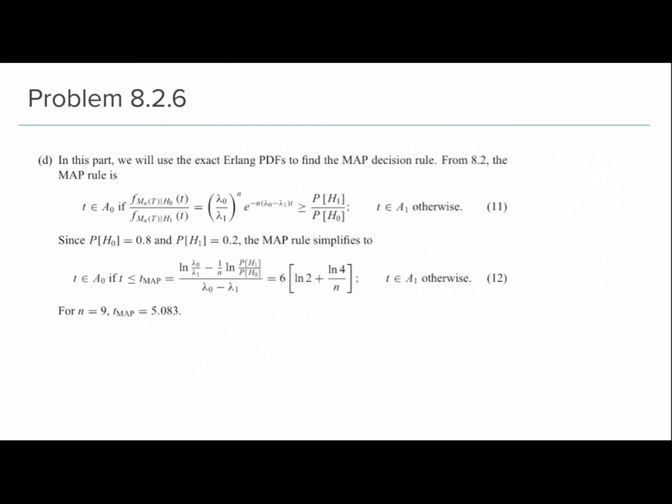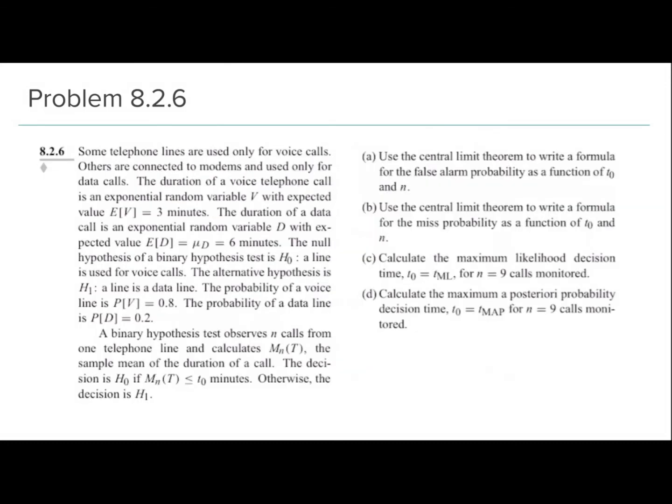Replacing the values, this term simplifies to 6 into ln of 2 plus ln of 4 by n. And we're also given that n, the number of calls monitored, is 9, so we can replace the value of n, and thus T_MAP is equal to 5.083. Right, so I guess we're done with this question.